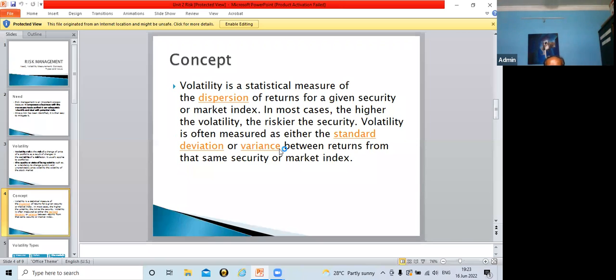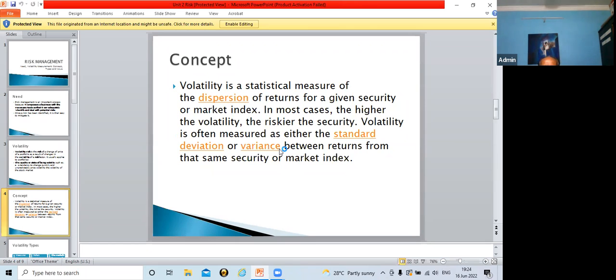Now, if your actual value is more than budgeted, then that variance is known as unfavorable variance. Please understand. In which situation is unfavorable variance called?